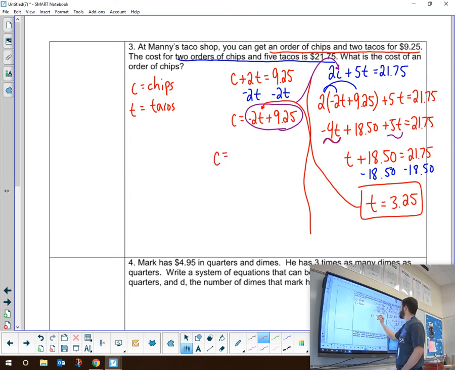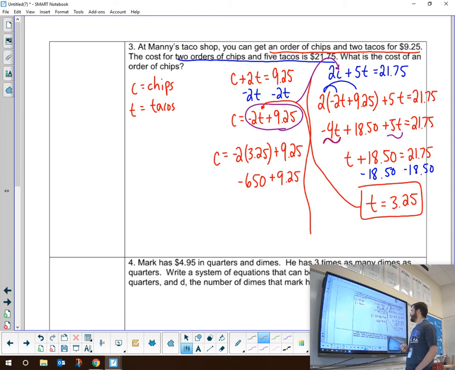An order of chips is going to be equal to -2 tacos, but I know a taco is $3.25, so we'll plug that back in, plus $9.25. So -2 times 3.25 is going to be -6.50. Okay? And then if we go -6.50 plus $9.25, it's actually going to give me $2.75. So one order of chips is going to be equal to $2.75.